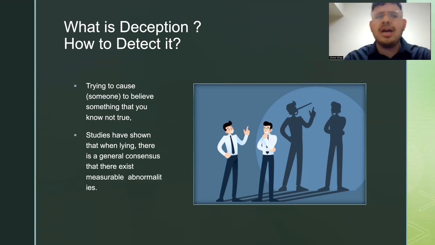Now that we know what deception is, how do we detect it? Generally speaking, studies have shown that there are measurable abnormalities when lying or deceiving. When these actions occur, there are certain abnormalities that we can look at. Think of a polygraph test.